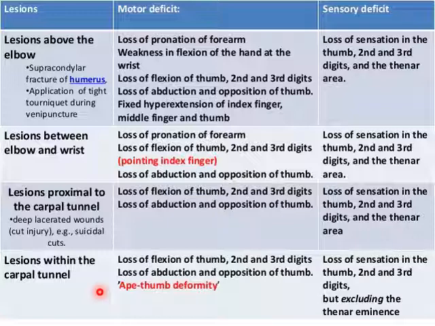When the lesion is within the carpal tunnel, then also the thenar muscle actions are lost along with the first and second lumbricals, which gives an ape thumb deformity.